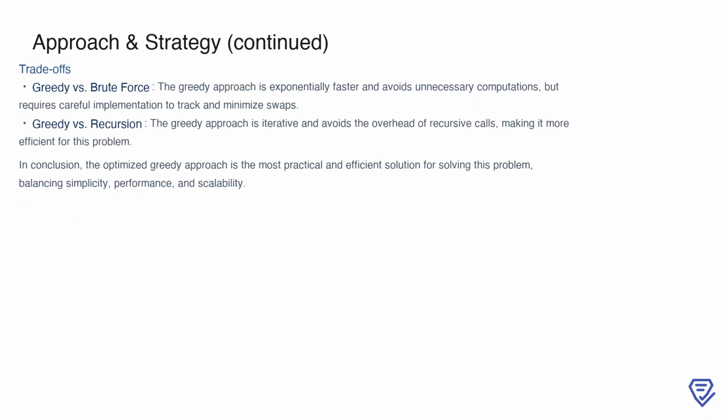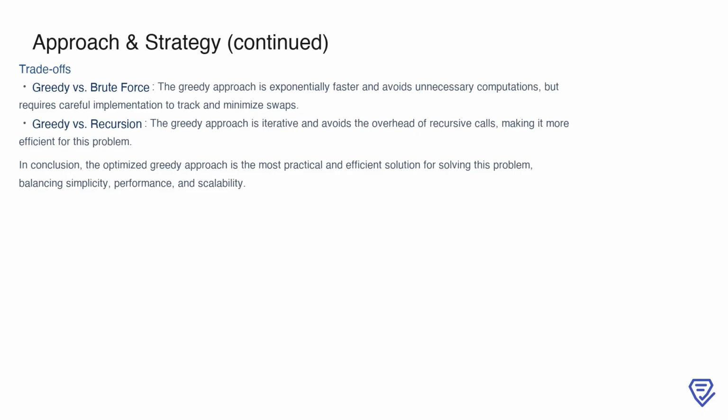When comparing the approaches, the greedy solution stands out for its efficiency. Unlike brute force, which involves extensive computations and is prohibitively slow, the greedy approach focuses on minimizing only the necessary swaps. This makes it exponentially faster and more practical for real-world use.